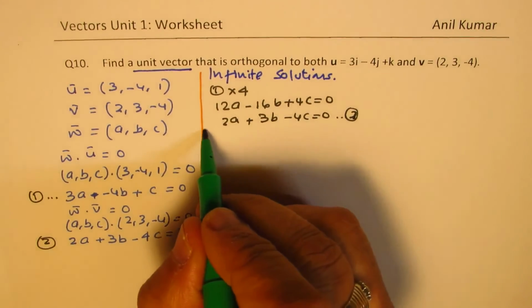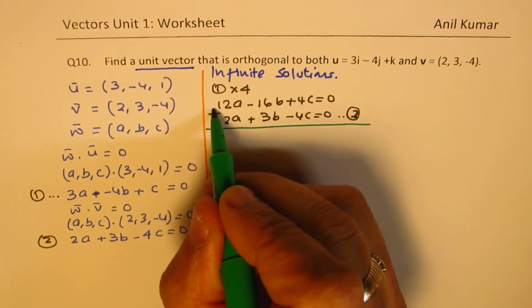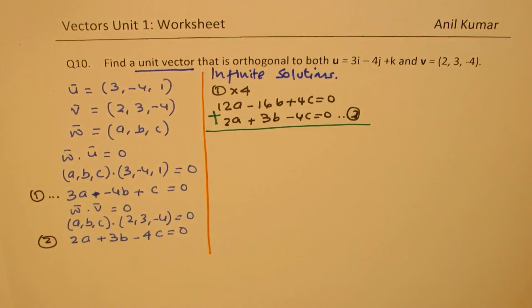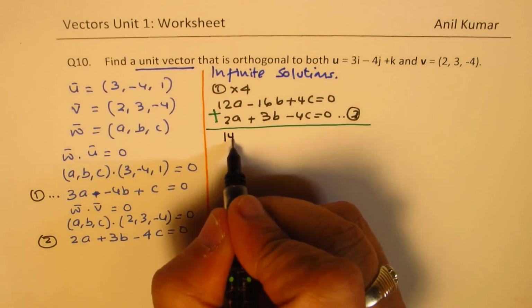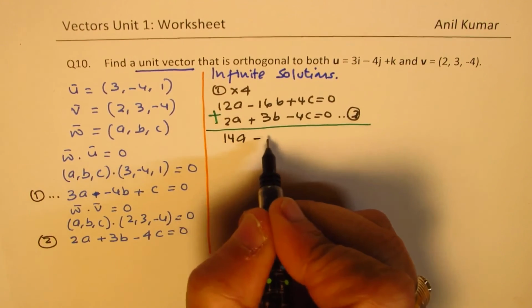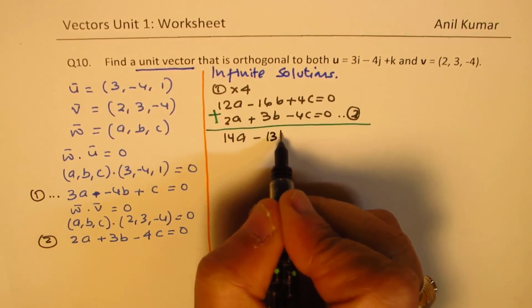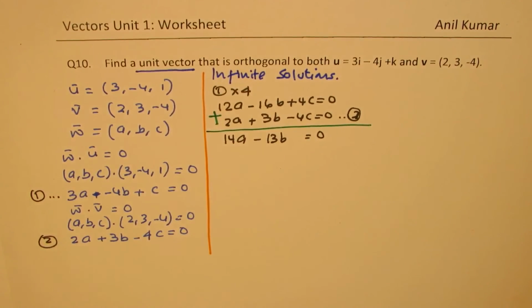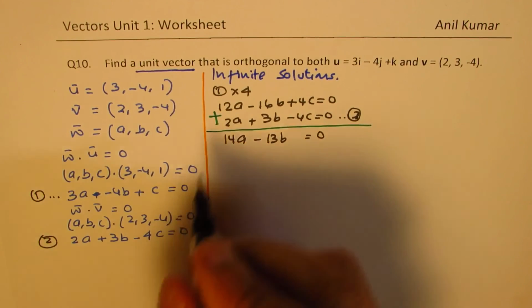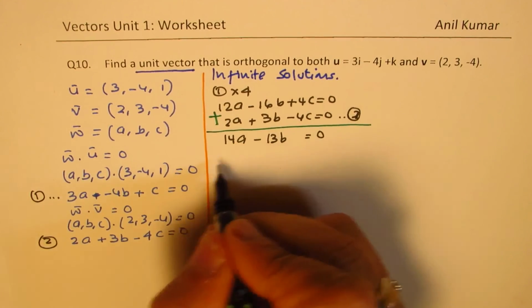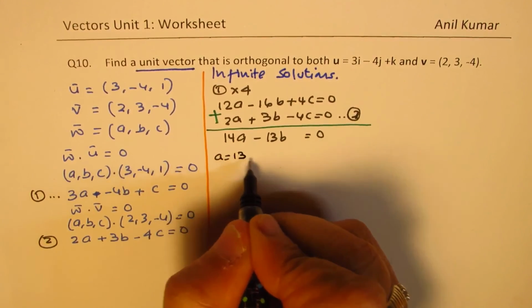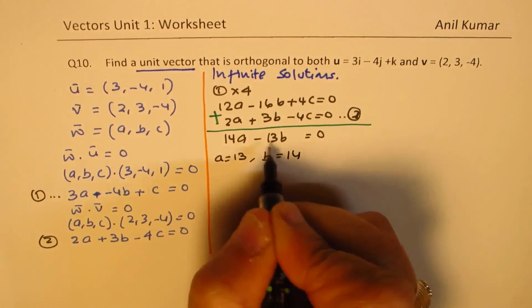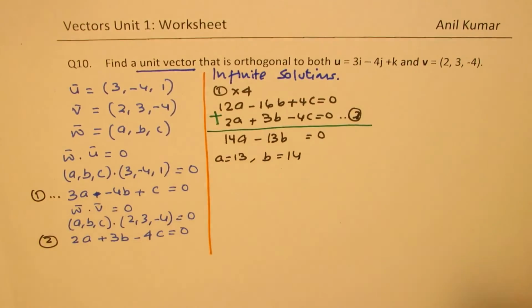To eliminate c, we are going to add them up. Is that clear to you? So we get 14a minus 13b equals 0. Easy solution could be a we can take as 13, right? And b as 14. So if you substitute, we will get 0.